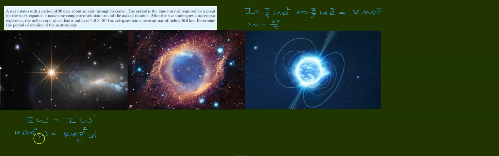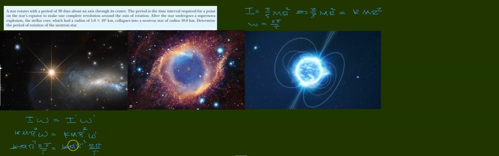So good. We can then substitute, instead of omega, I put 2 pi over period initial, and instead of omega prime, I put 2 pi over the period final.